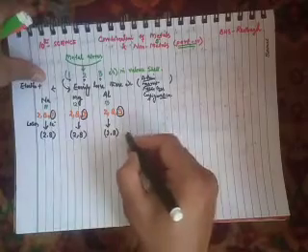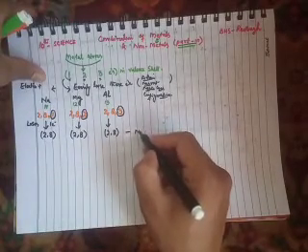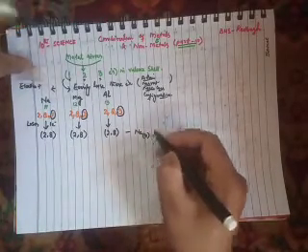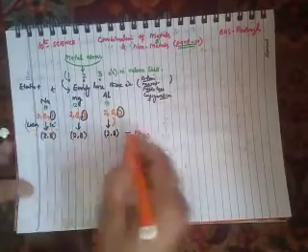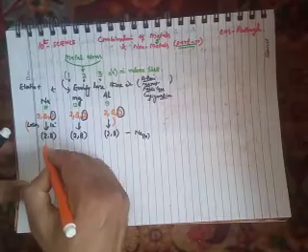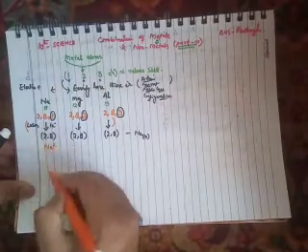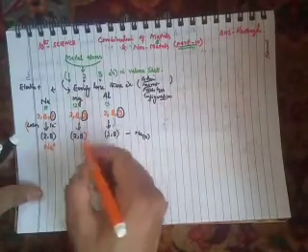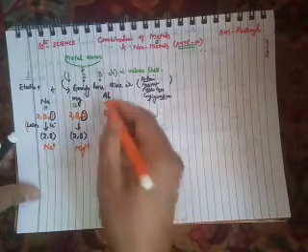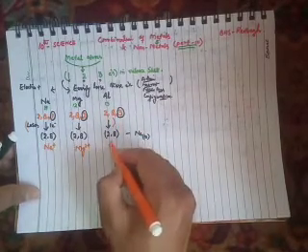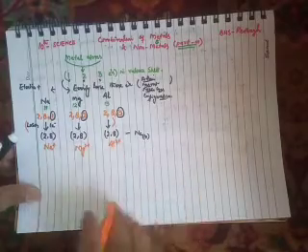So this is the configuration of neon, 10. During this process of losing electrons, Na loses 1 electron and forms Na+. Magnesium loses 2 electrons and forms Mg2+. Aluminium loses 3 electrons and forms Al3+.